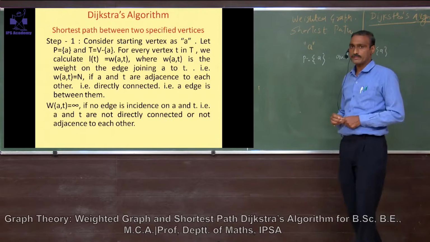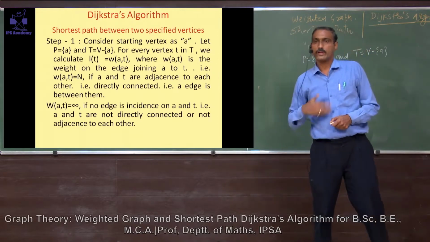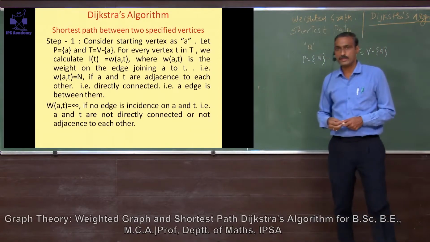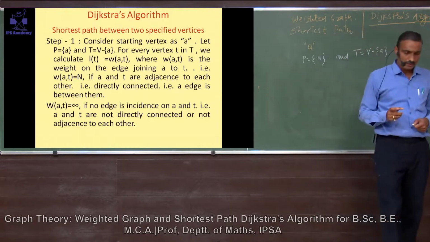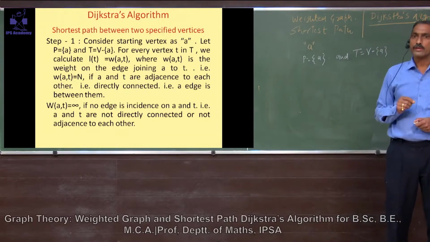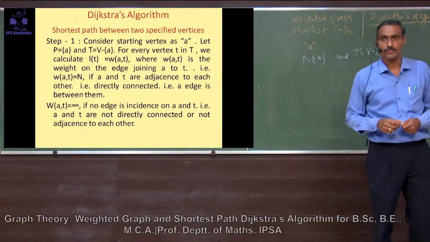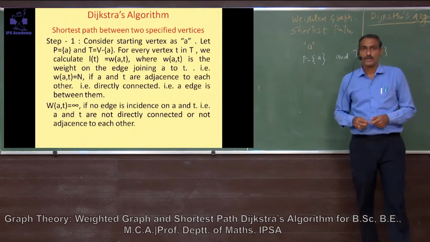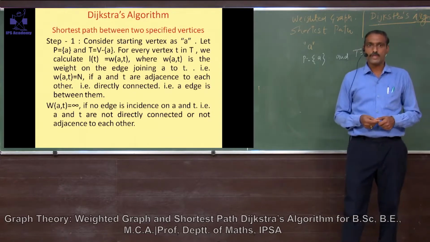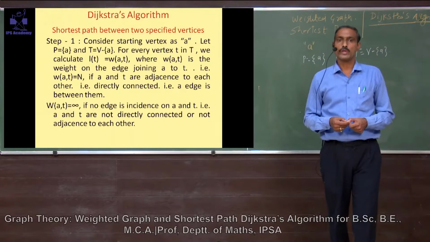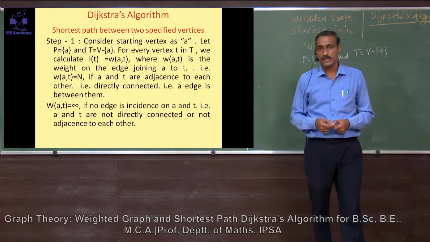Here V is the vertex set, and the subgraph T is generated by eliminating the vertex A from the vertex set. So let P equals {A} and T equals V minus {A}.